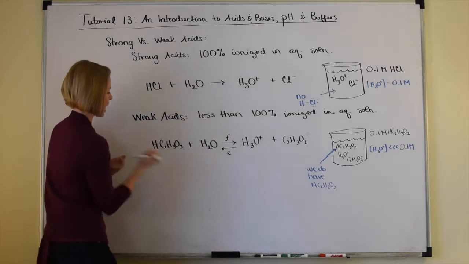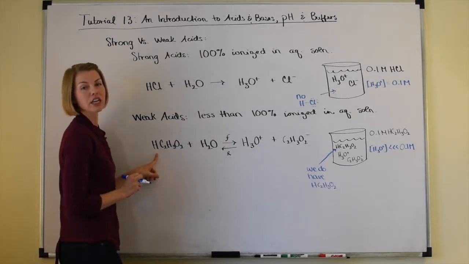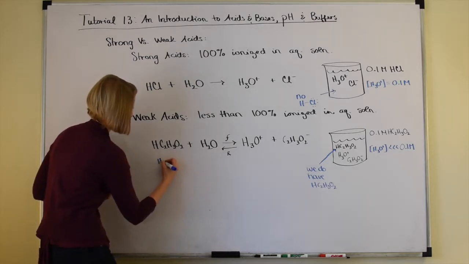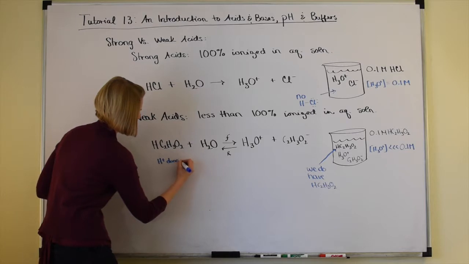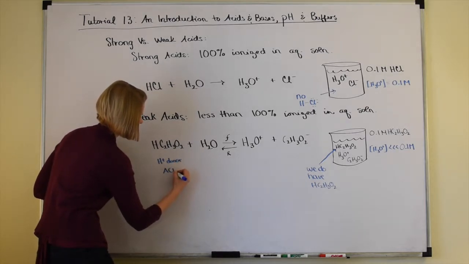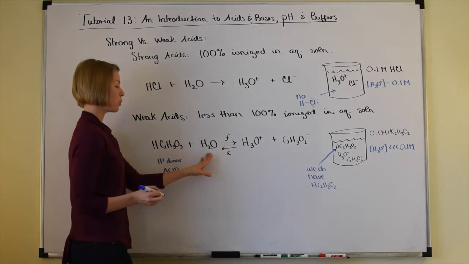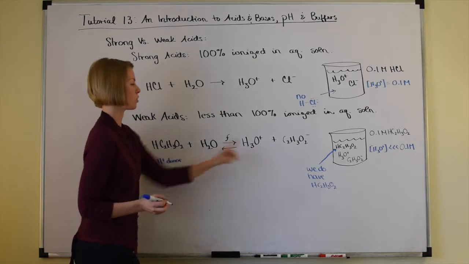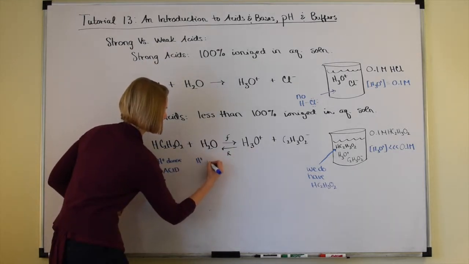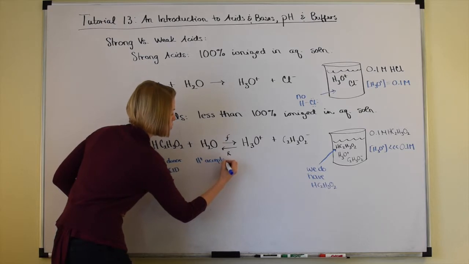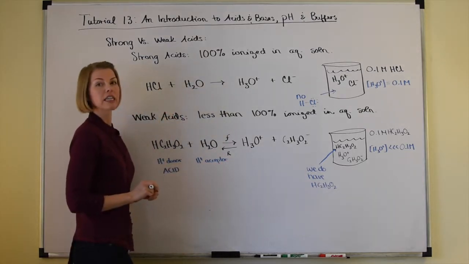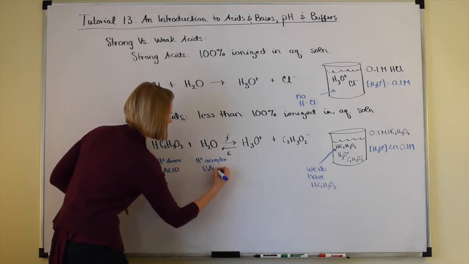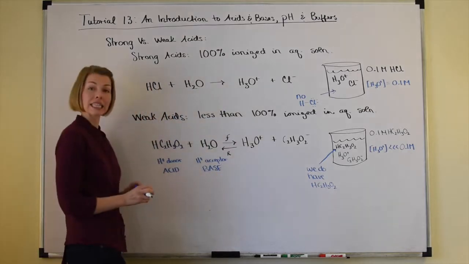So let's look at our forward reaction, and I think it's pretty clear to say that the acetic acid is the H plus donor, and therefore this is our acid, and that H2O is accepting that H plus in the forward reaction to produce hydronium, and so this is our H plus acceptor, and so water, that amphiprotic substance in this case, is behaving as the base, the Bronsted-Lowry base.